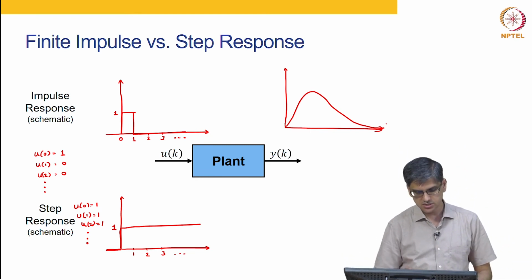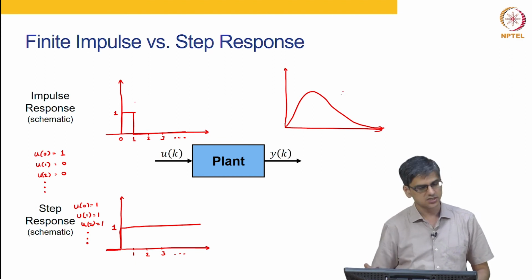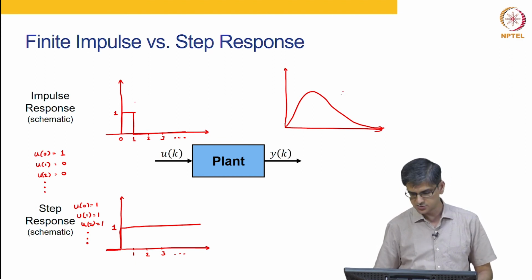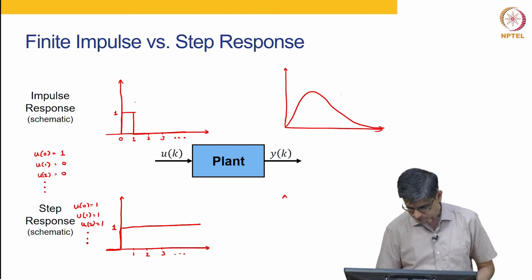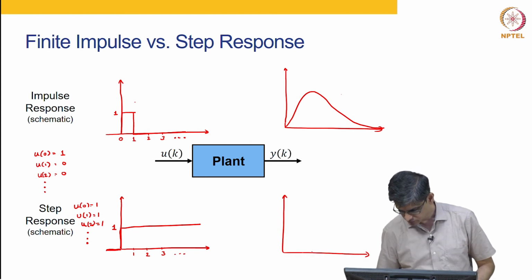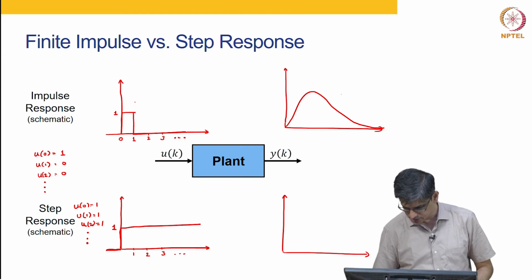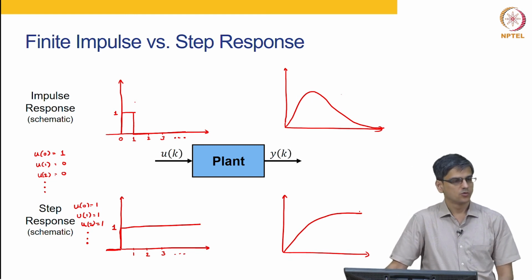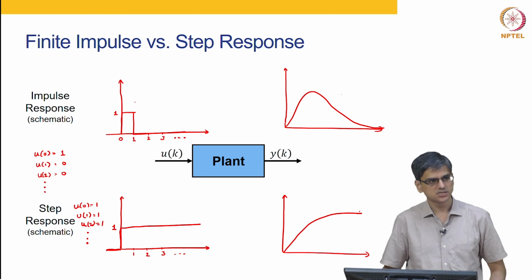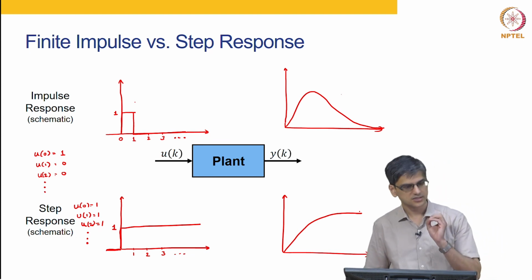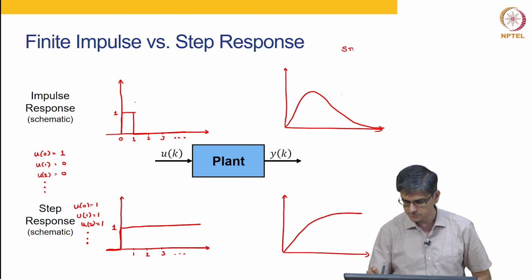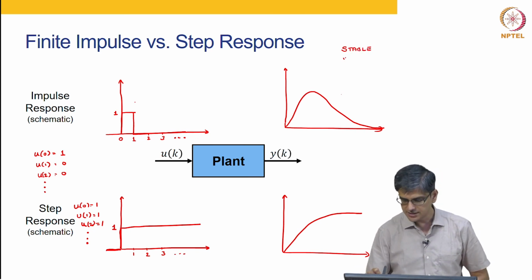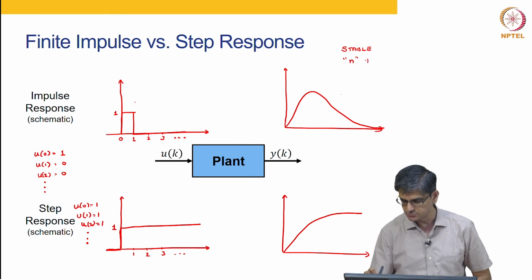So, this is an impulse, this is a response to that impulse. The response to the step is going to look something like this. What we are saying over here is that the system is stable, and let us assume that it settles in n time steps.